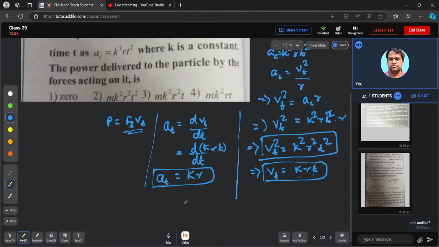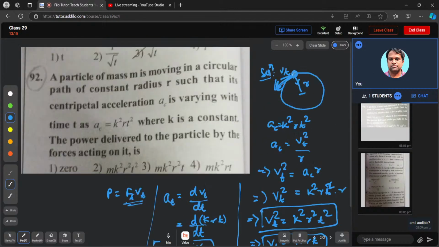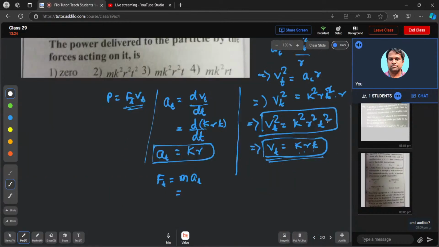Then what will be the force in the tangential direction? Force in the tangential direction is m a tangential. We got tangential velocity krt. What is the acceleration in the tangent direction? A tangential is the rate of change of velocity, and rate of change of velocity means we can differentiate it.